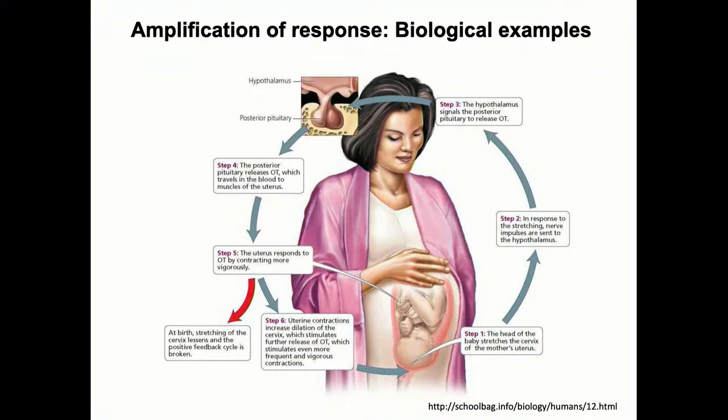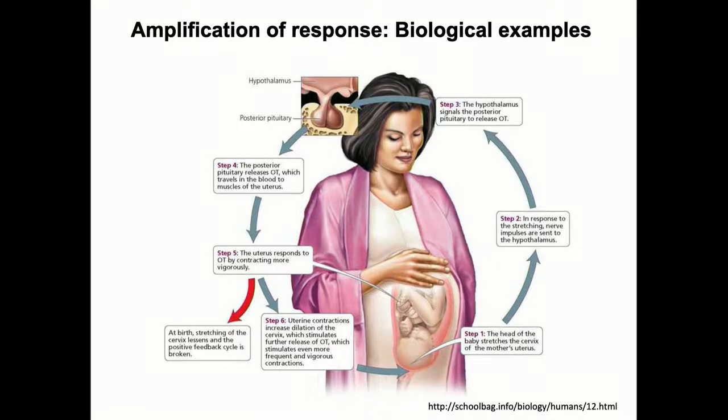And it is these contractions which are then further triggering, as was rightly pointed out in one of the answers, the release of the same molecule, oxytocin, and this cycle continues, right? So what is the signal? The signal is the head of the baby pushing against the wall of the cervix, and that is triggering a whole set of responses, eventually leading to higher and higher contractions and higher oxytocin levels, correct?